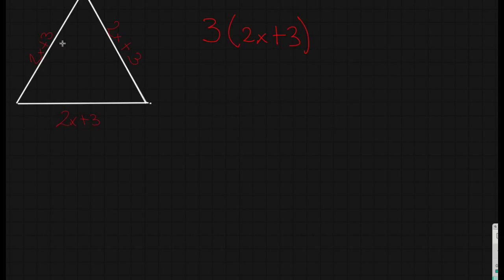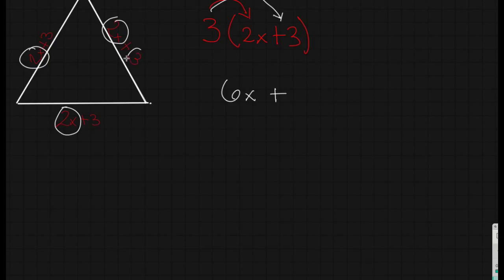Now, there's another way we could look at this. Again, I'm going to use the distributive property. I have 3 of these. Let me see if I can see them here. There's 1, 2, 3. How many x's is that altogether? 3 times 2 is 6x. And I have 3 of these.